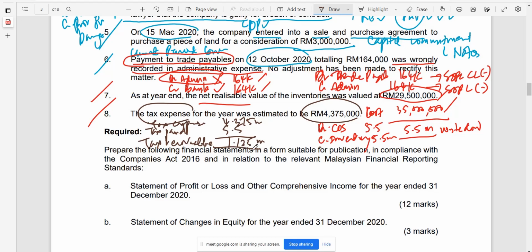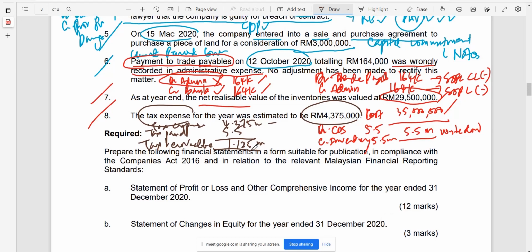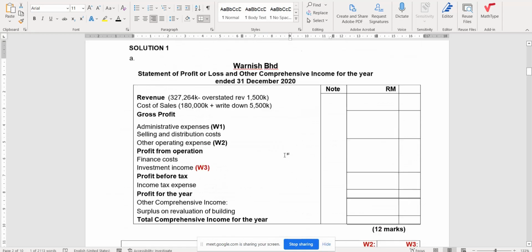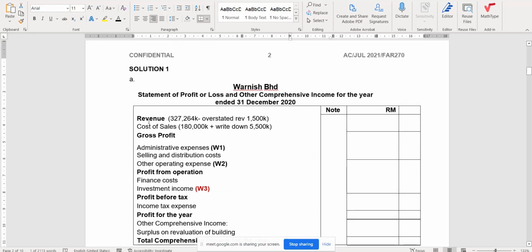1.125 million. So the tax expense will be debited to the SOPL. The tax recoverable will be shown in your SOFP under your current asset. Okay, done with that. We can now prepare the statement of profit or loss. I have done the preparation here. So the first item is to show the revenue.